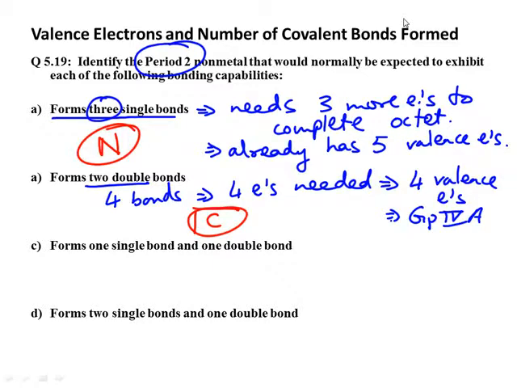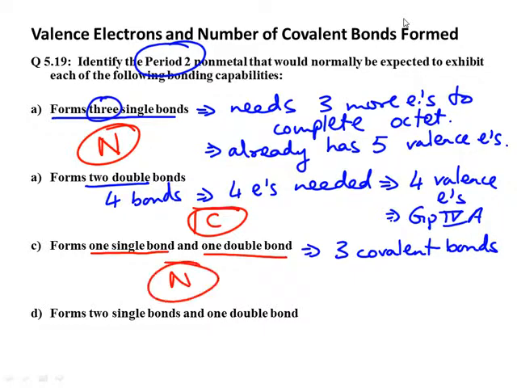Using the same strategy, forms 1 single bond and 1 double bond, meaning a total of 3 covalent bonds. If it's making 3 covalent bonds, it needs 3 extra electrons. If it needs 3 extra electrons, it already had 5. And if it already had 5, it belongs to group 5A, which brings us to nitrogen once again.